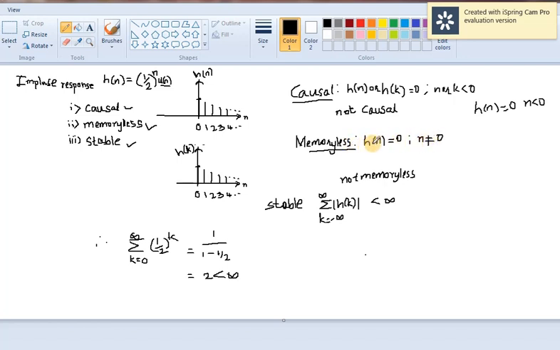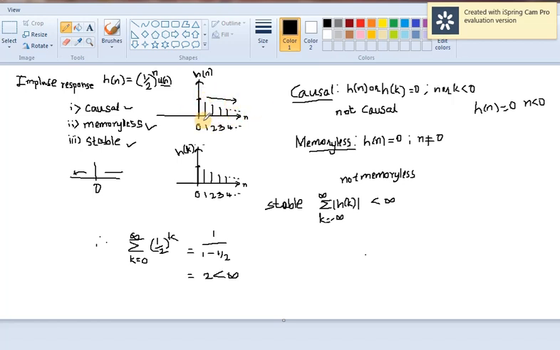So h of n is equal to 0 for n not equal to 0 means the signal should have its value only at the 0th instance and it should not have values at the rest of the instances. But as we can see, it is having samples on the right hand side.